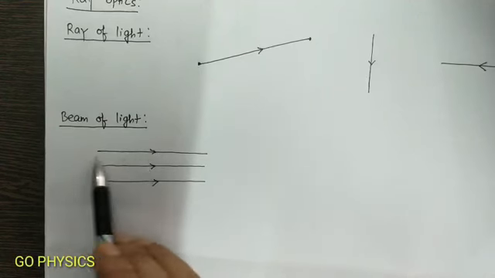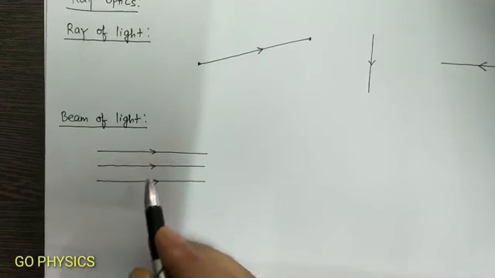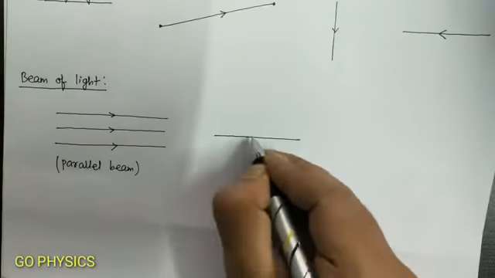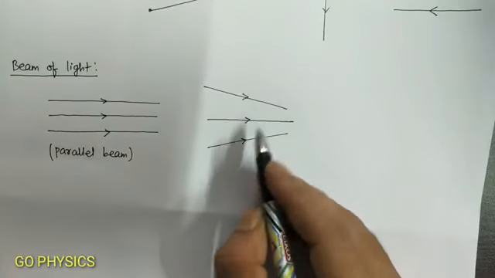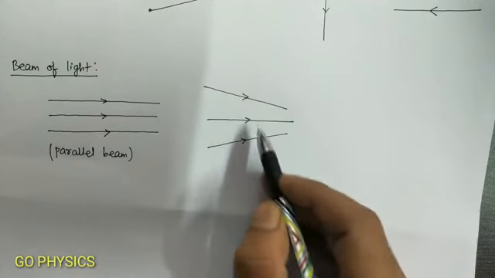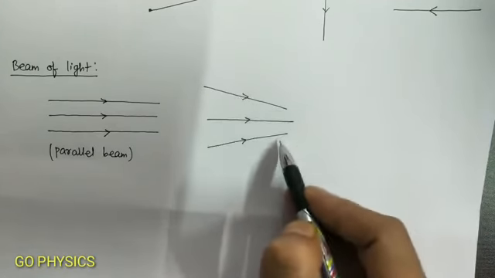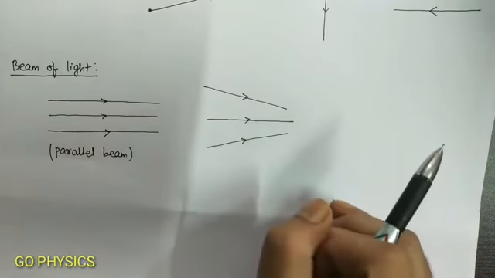In this case, all the rays are parallel to each other, so this beam of light is a parallel beam. In the second diagram, the rays are converging towards a point, so this kind of beam is called a converging beam.